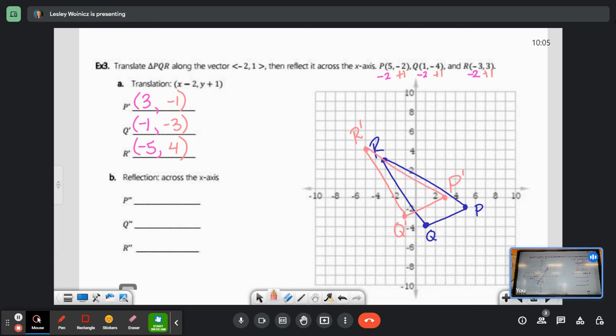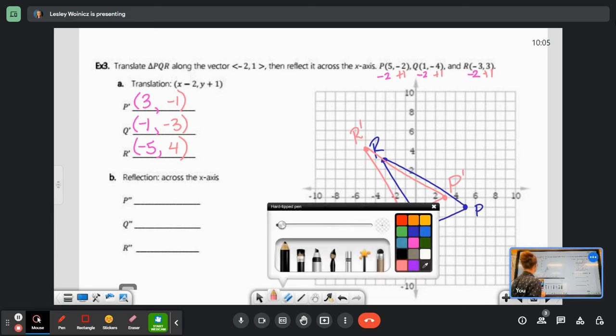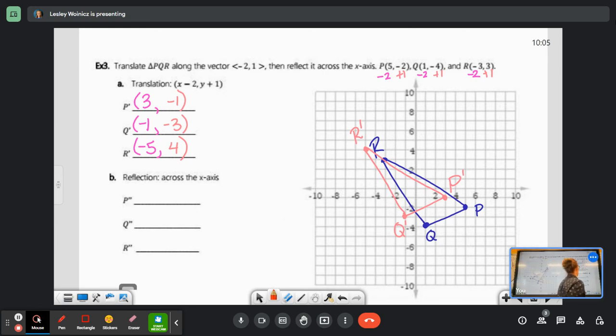Okay, now we have to reflect that across the x-axis. So, going across the x-axis, I want to keep the x values the same, but I want the y values to be opposite.